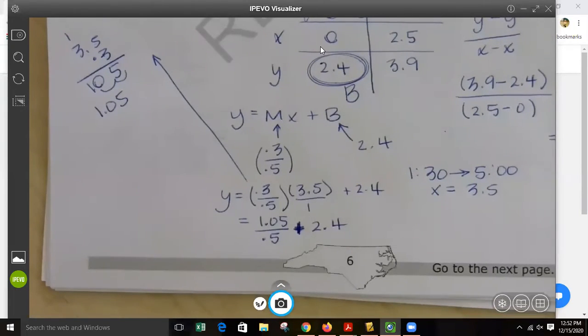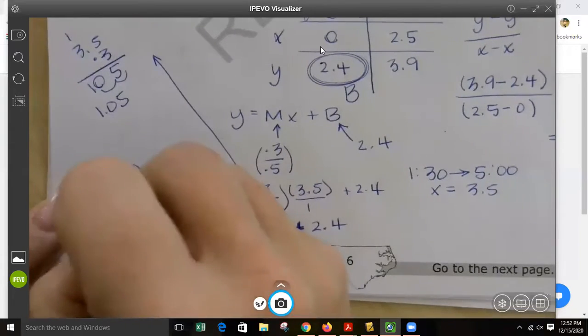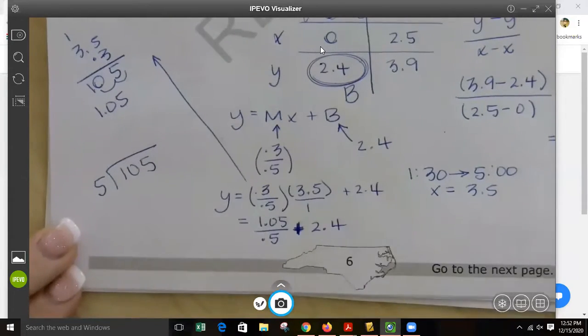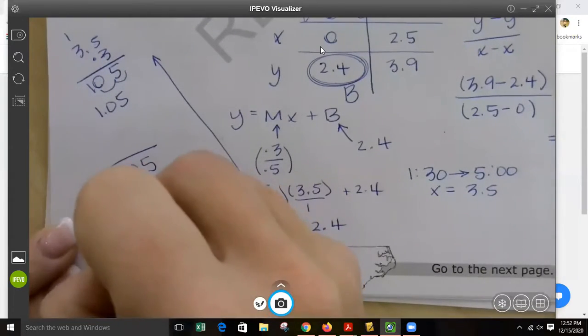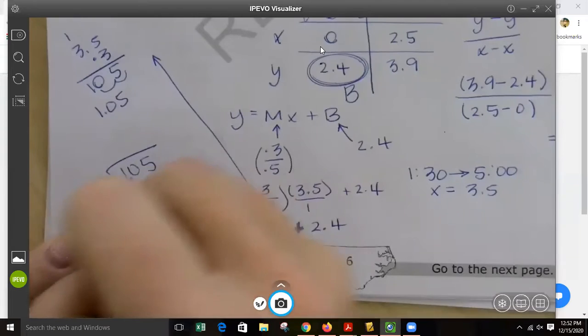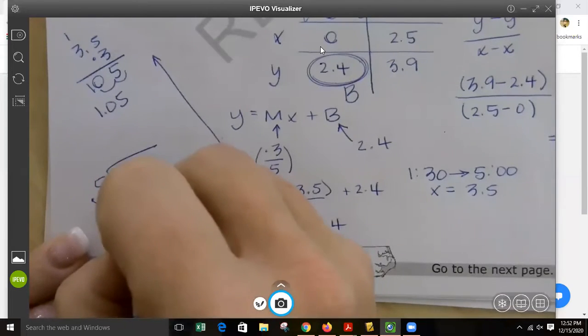All right, don't think too hard, a little bit hard. 105 divided by 5. Forget the decimals for a minute. If we did it like normal, like you were taught in elementary school or middle school, I don't know when you were taught it, you move this decimal over and you move this one over.